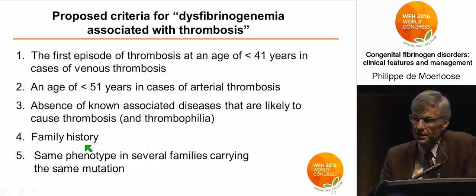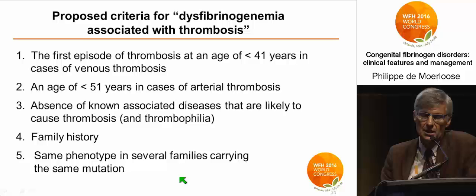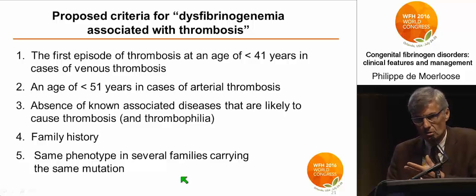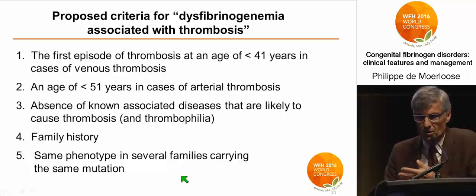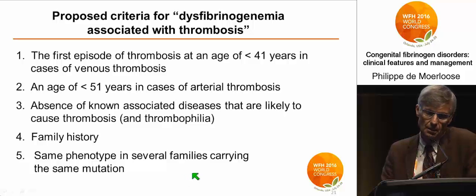There is a clear segregation, a mutation leads to the same phenotype in various members of the family, and in several families. And then you are allowed to speak about a real association between the mutation and the complication.